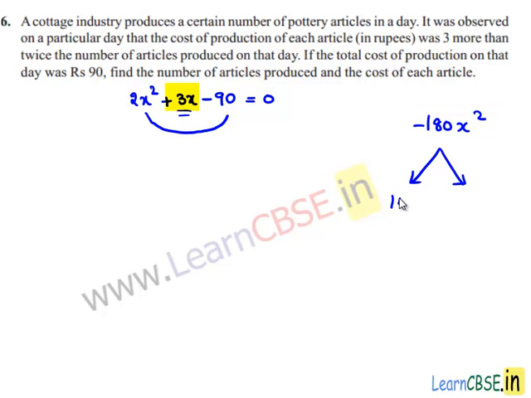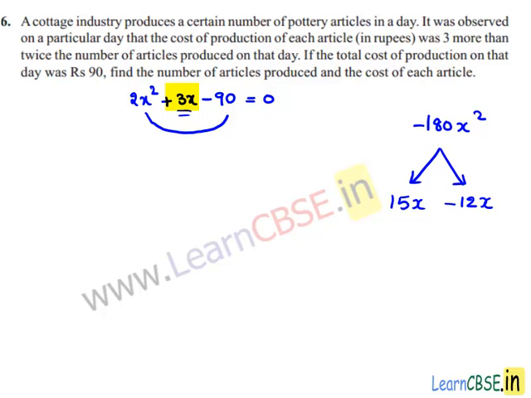So we can take 15x and 12x. So 15x multiplied by 12x is plus 180x², but here we have minus 180x². So we can put minus sign here or here. If we put minus sign here, 15x minus 12x is plus 3x.